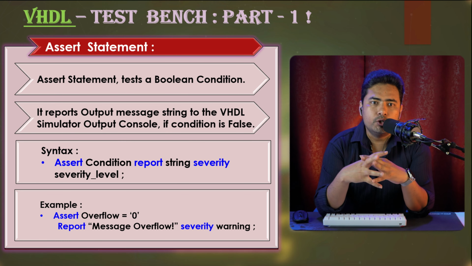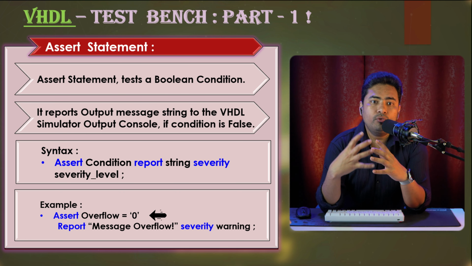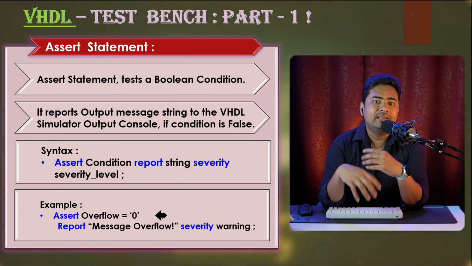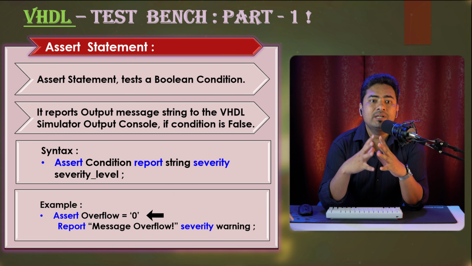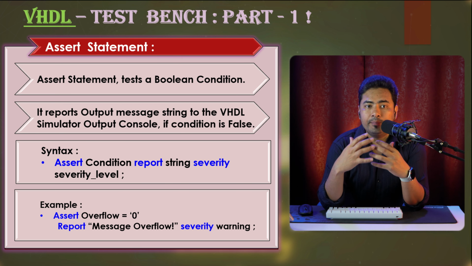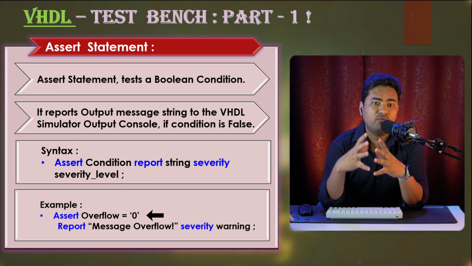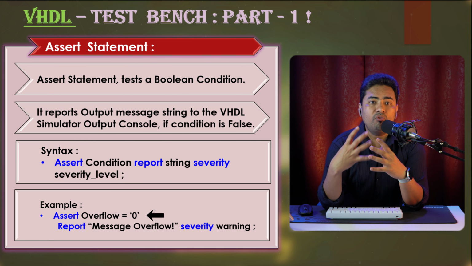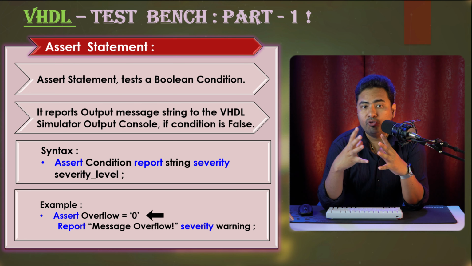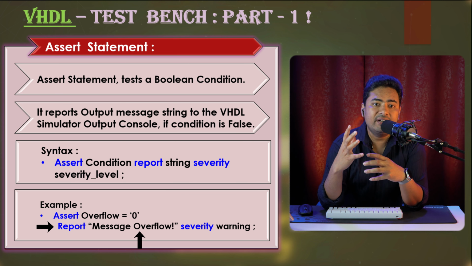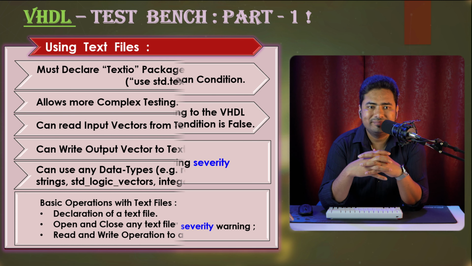So what it will do is, until your overflow is logical 0, everything will be fine. It means until this condition is true, it won't display anything. But as soon as overflow is detected and this condition becomes false, meaning your overflow triggered logical 1, you will get this message overflow. And that has the severity of warning.